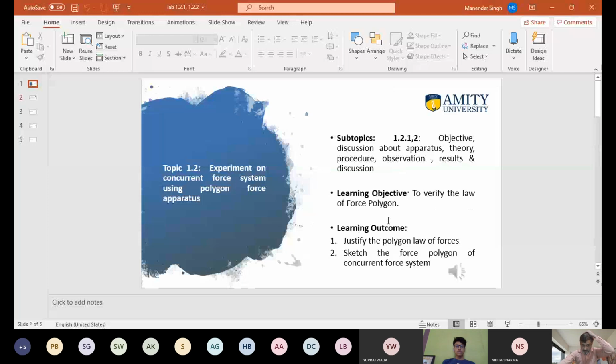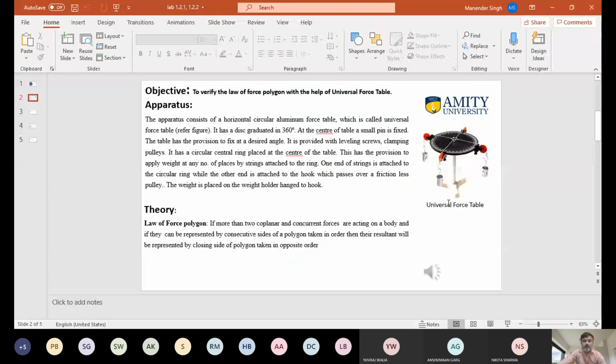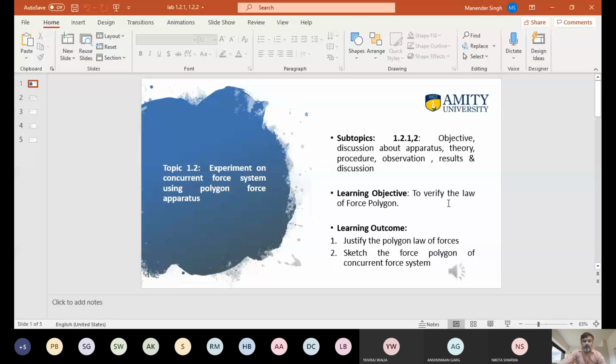The learning objectives are to justify the polygon law of force and sketch the force polygon of concurrent force systems. Okay, this is the learning objective, and this is the objective, and this is the theory.